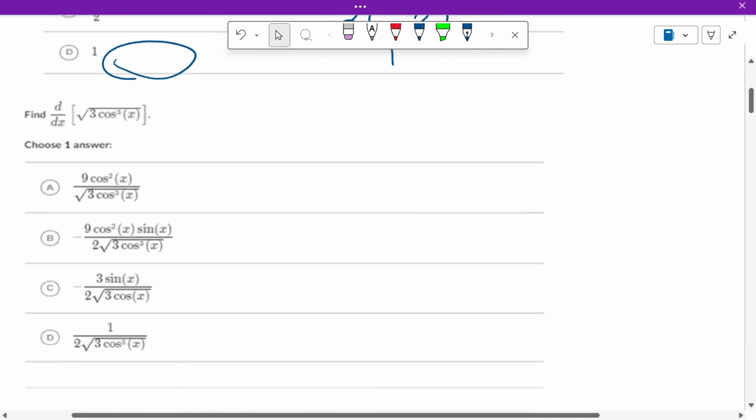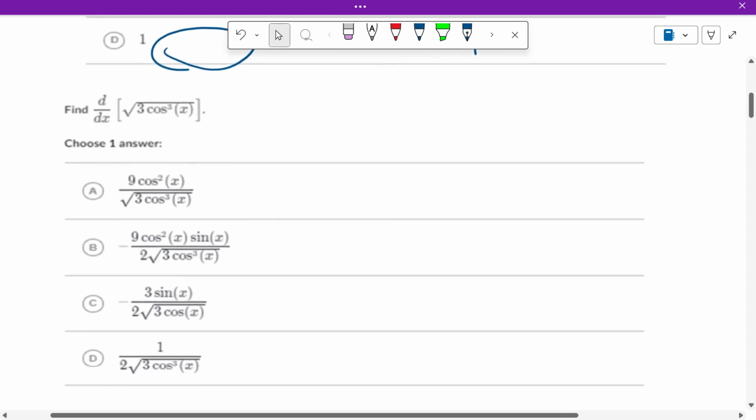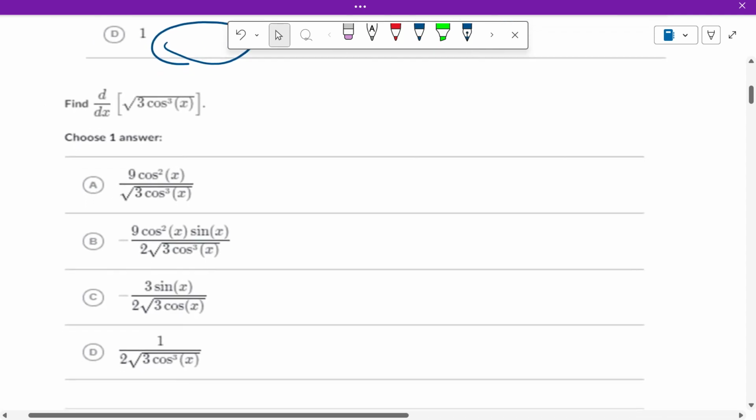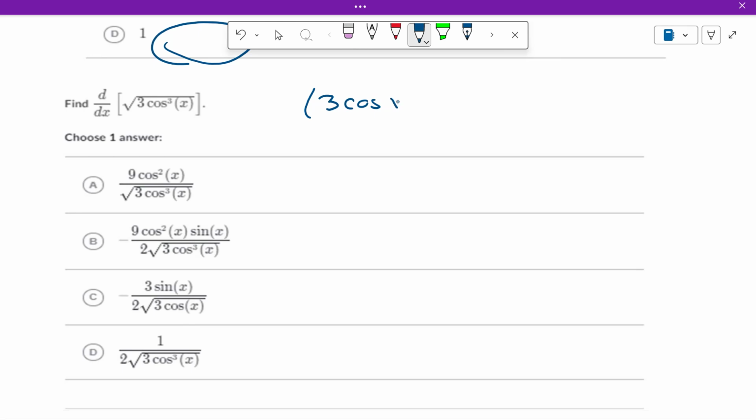All right. What rule would we use here? Chain rule. So it's 3 cosine of x cubed to the 1/2 power.